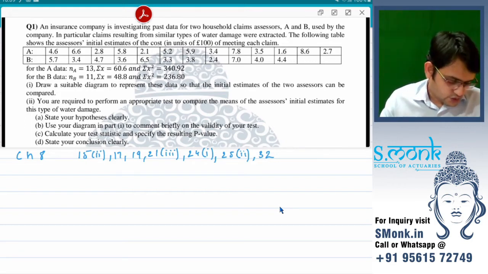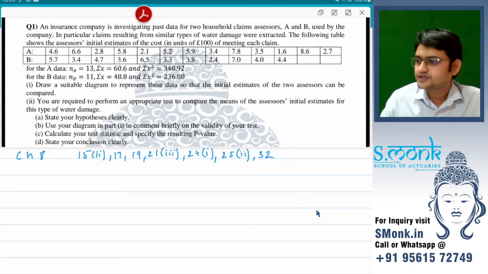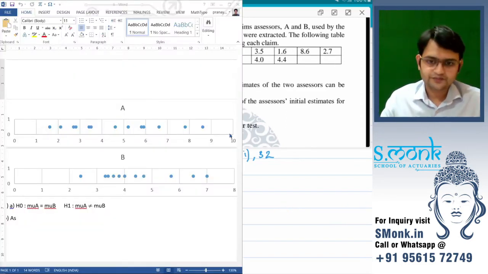Then they are saying use your diagram in part 1 to comment briefly on the validity of your test. As I said, the first validity is going to be that they are normally distributed.